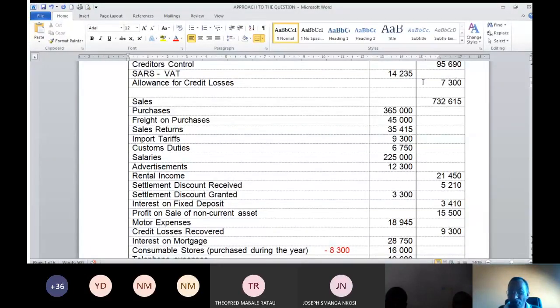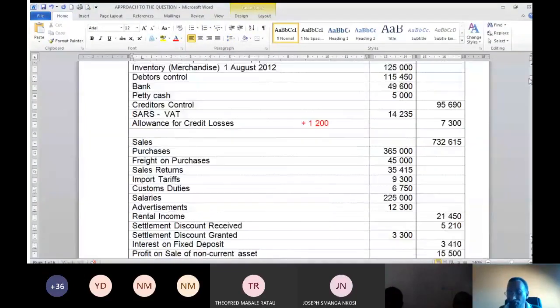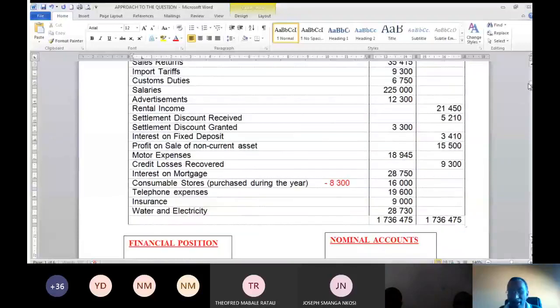So your allowance for credit losses must actually increase. You will have to increase that amount by a further 1,200 Rand, meaning now that you have a further expense for credit losses of 1,200 Rand.